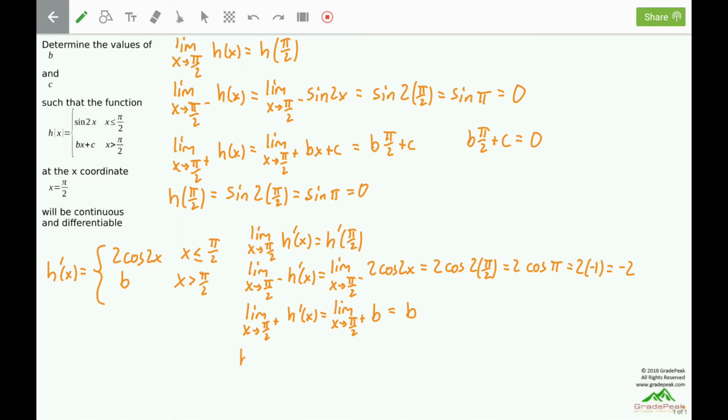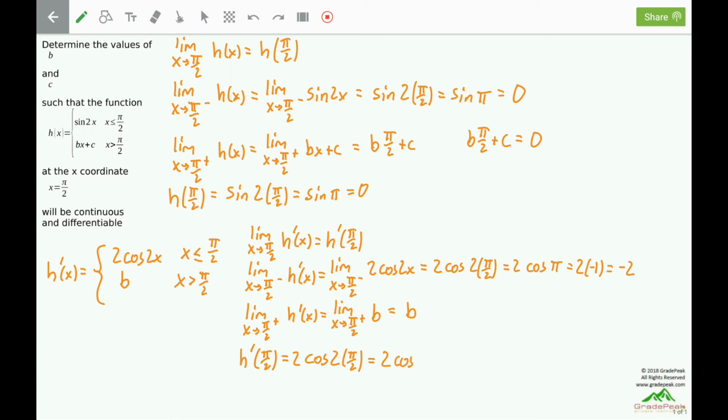And last of all, we want to evaluate h prime right at pi over 2, and that'll be using the one that includes pi over 2, and that's this first one here. We plug pi over 2 right in for x. We will have 2 cosine of 2 times pi over 2.